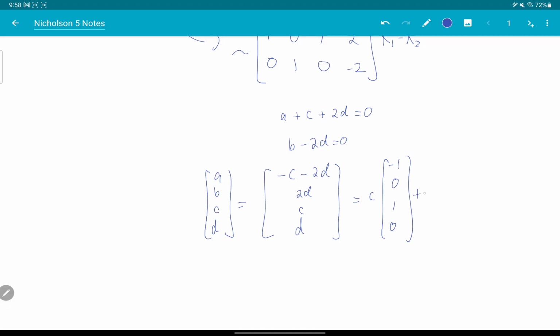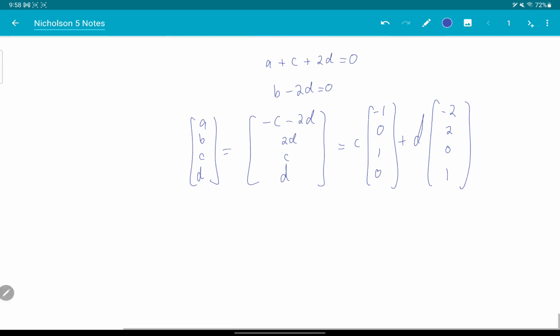I pull this thing apart. And I get this. So my basis has 2 vectors. Therefore, dim U is 2.